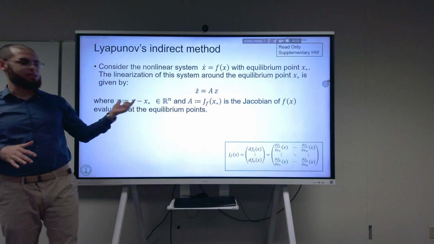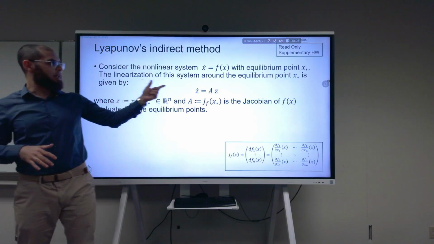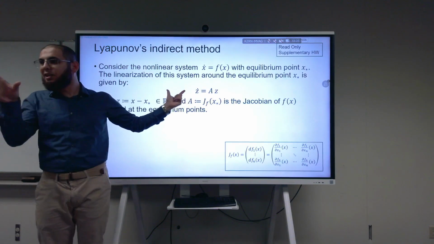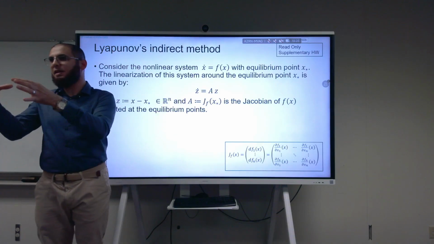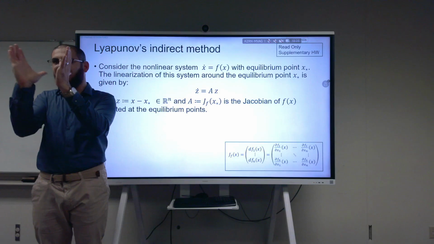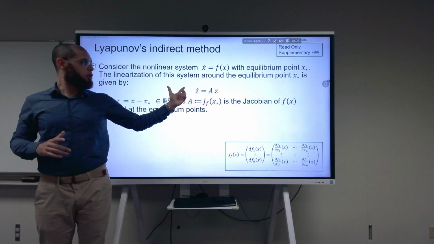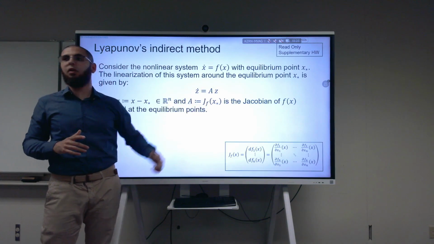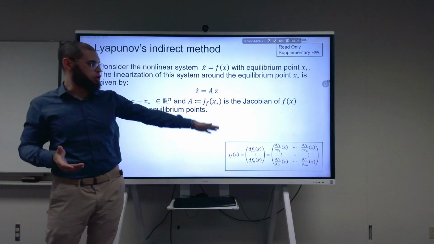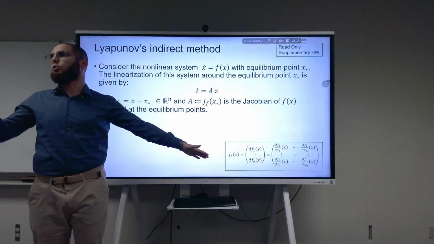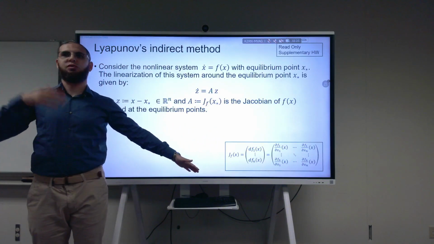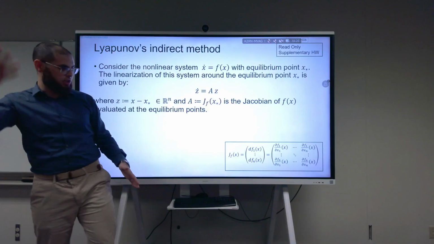So x minus x star is z, and then I can define the dynamics very near the equilibrium point as z dot equal to A z. Here z is the new state and A is the Jacobian of f. The Jacobian is the partial derivative of f with respect to x1, x2, and so on, where every partial derivative is a column.